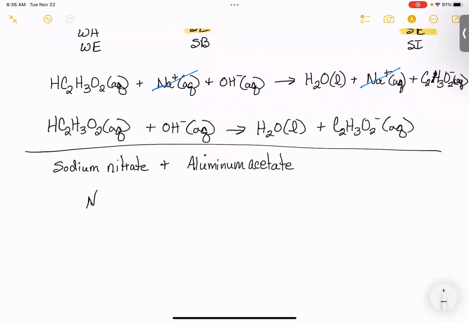Sodium nitrate is NaNO3 because it comes from the sodium ion and the nitrate ion. Aluminum acetate comes from aluminum ion and the acetate ion. So that is Al(C2H3O2)3.